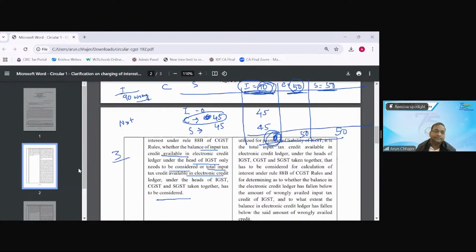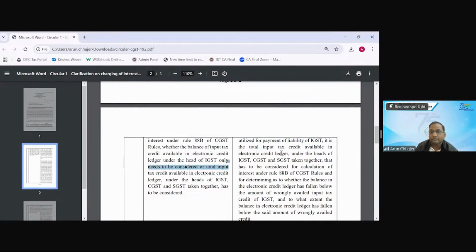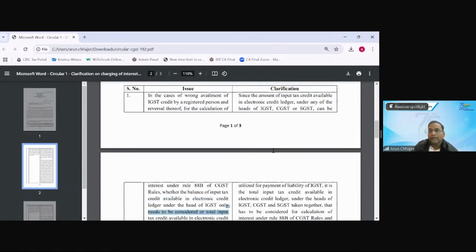They are saying, since the amount of ITC available under any head can be used for IGST, it is the total ITC available in the credit ledger taken together that has to be considered for the purpose of calculation of 88B.